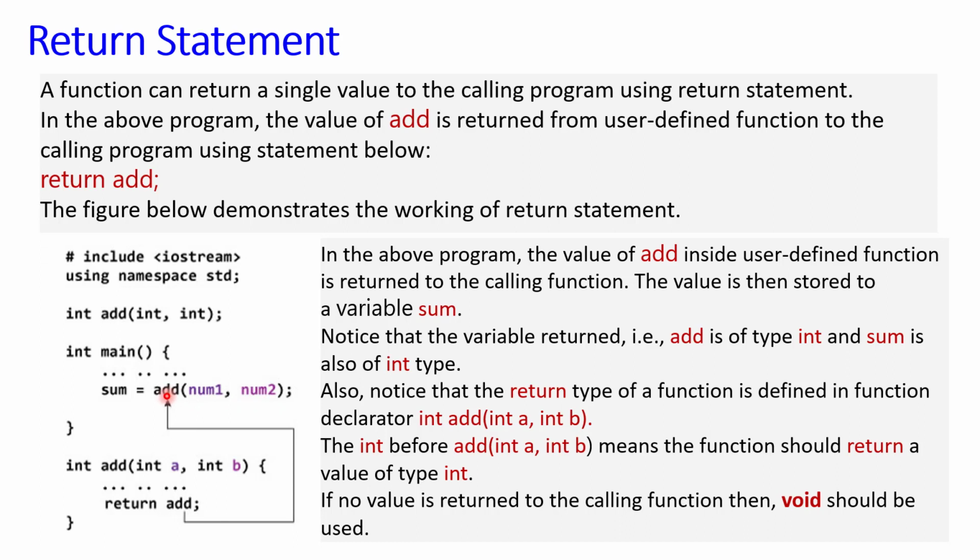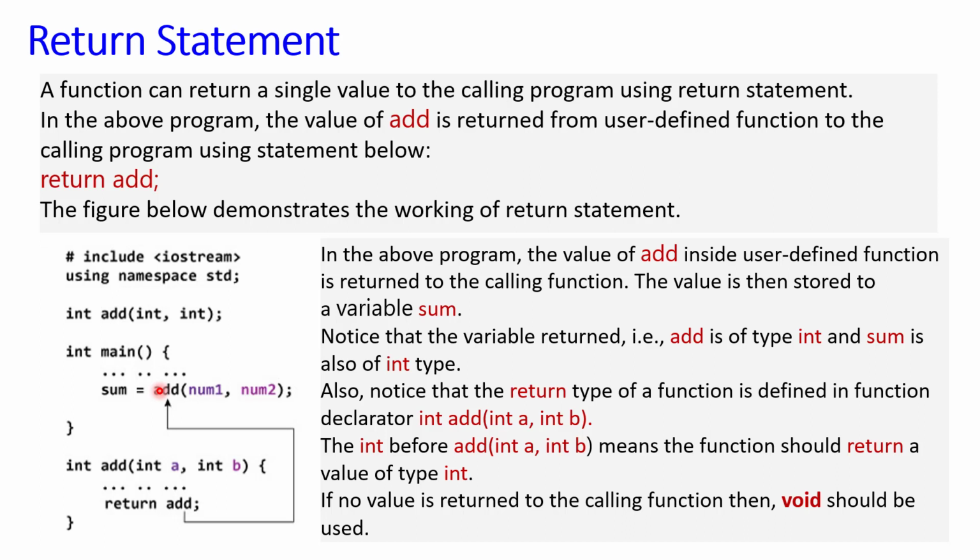The control will jump to the sub function int add(int a, int b). The function will be done here: add is equal to a plus b. Then return add, so the value a plus b will be returned to the main function.